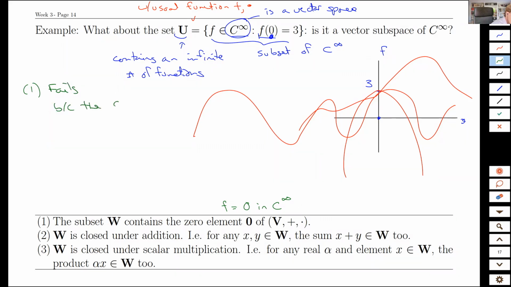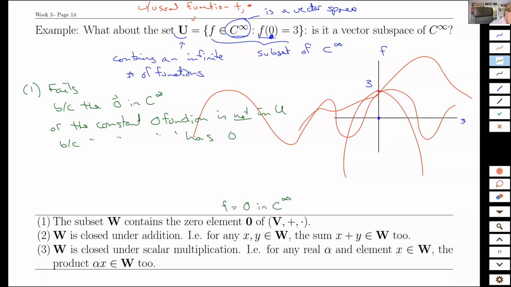because the 0 vector in C infinity, or the constant 0 function, is not in U. Why not? Because the constant 0 function has f of 0.